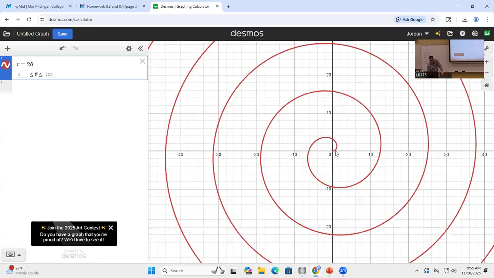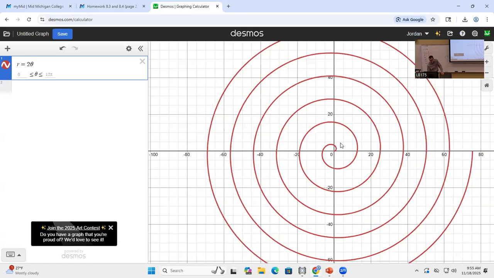And you see what happens. You get this spiraling effect. It's stopping right here because theta is going from 0 to 12 pi. I don't know why, but that's what Desmos did.